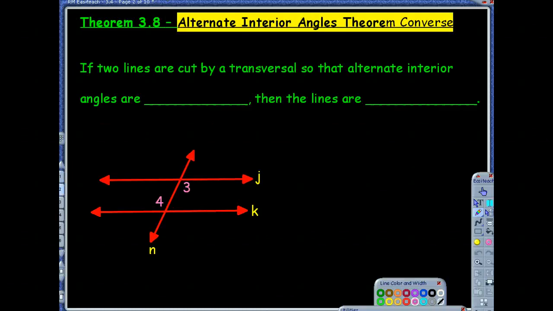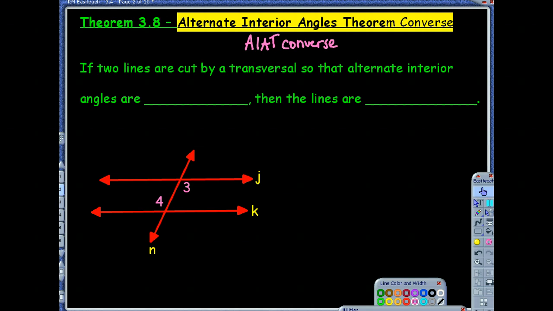The next theorem we have up here is the alternate interior angle theorem, converse. When we talked about the alternate interior angle theorem, we used AIAT, so this is going to be AIAT converse. Going back to the alternate interior angle theorem, it said if we had parallel lines, then the alternate interior angles ended up being congruent.